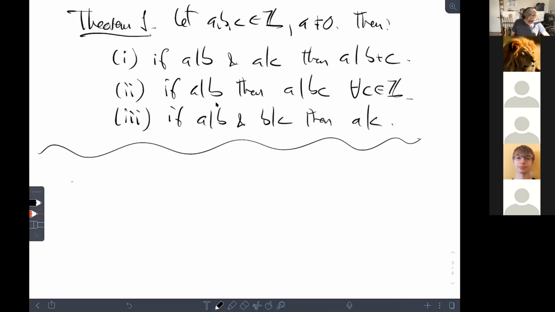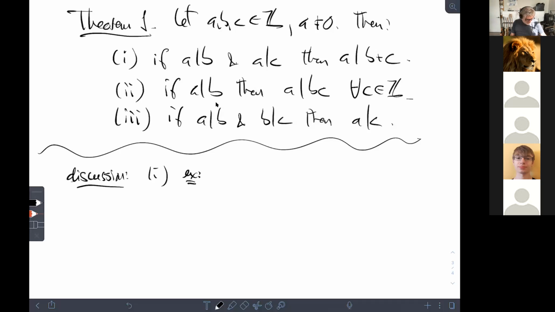Okay, so let's discuss this just to illustrate, but these are not proofs. So what does the first one mean? It means that if a number divides two numbers, then it divides their sum. I hope that makes sense. I will prove it, but I'm going to give you an example, which is not a proof. It's just to illustrate what this means.